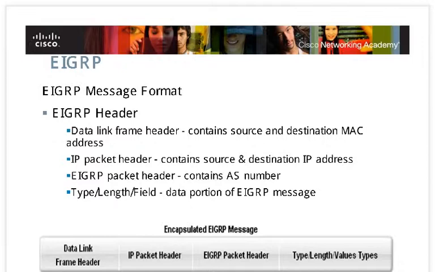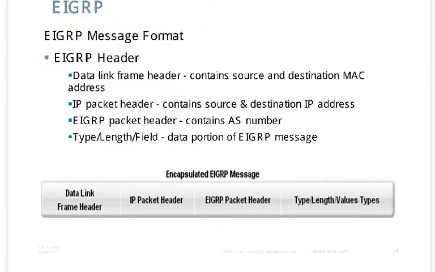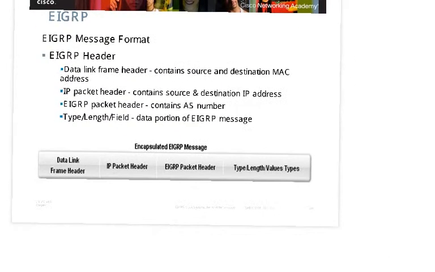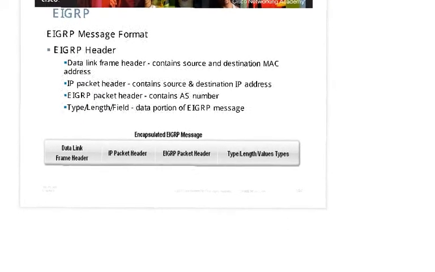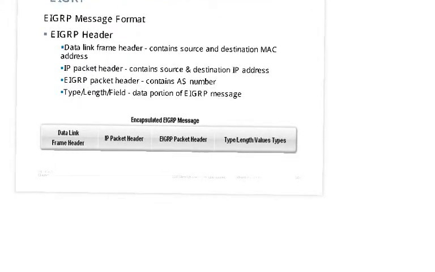EIGRP has a more complicated format compared to RIP, the Routing Information Protocol, so we need to really focus because it's going to get a little bit complicated. EIGRP uses a message format which, at a high level, is similar to RIP. You have the data link layer header, which contains the physical addresses of the routers.